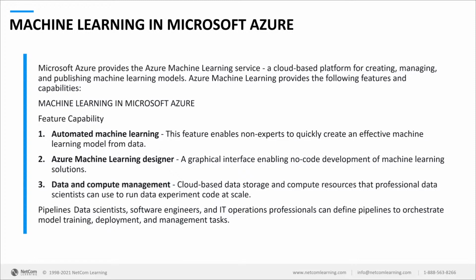So if you're doing pharmaceuticals as an example, and of course we have COVID around the world, we could use machine learning through Azure to run experimental processes so that we can see whether a certain type of viral or antiviral will work on a certain type of virus and that sort of thing. But there are all sorts of different components within the Azure platform that are usable by people such as data scientists, software engineers, IT professionals, whatever it is.